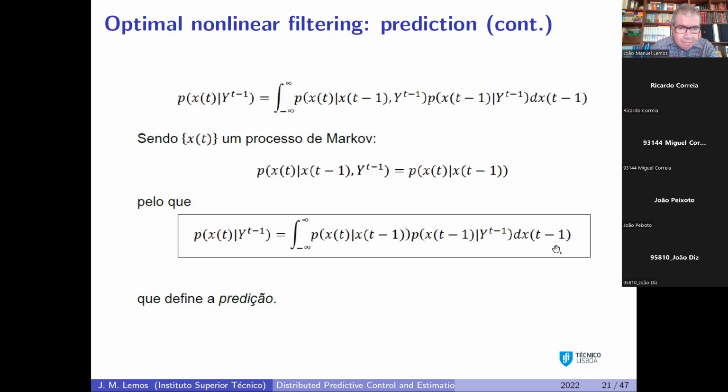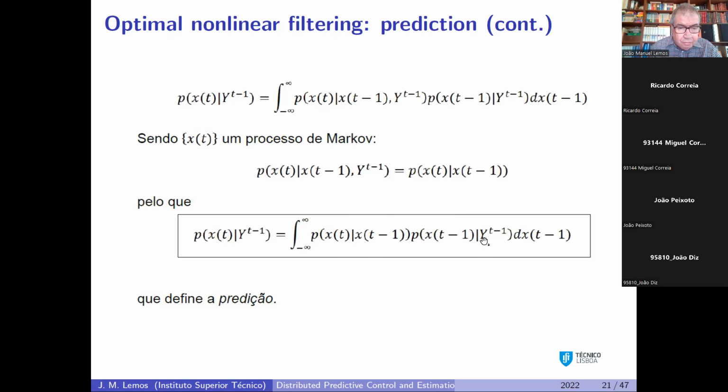Look, we have P of xt given xt minus 1. This has to do with the way the state evolves: the probability of the next state given the previous state. This depends on how the system evolves. And then here we have the density that we started with.